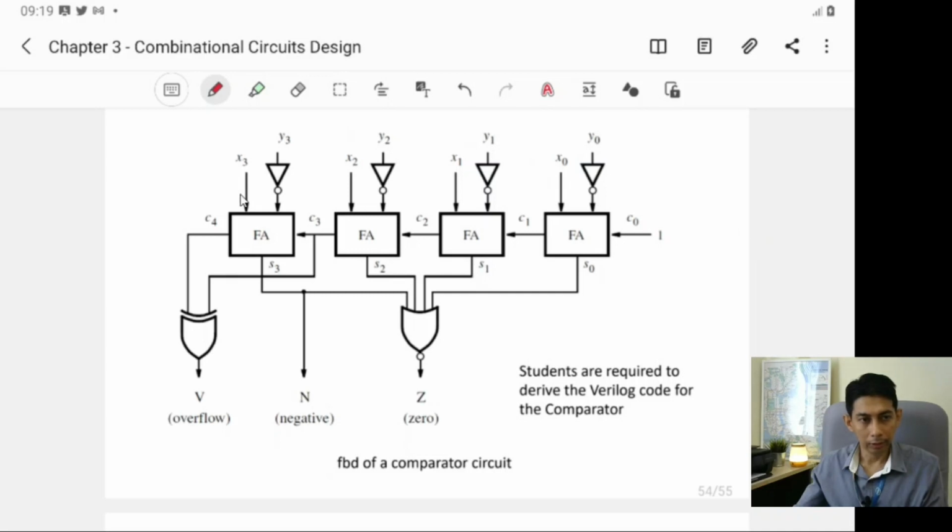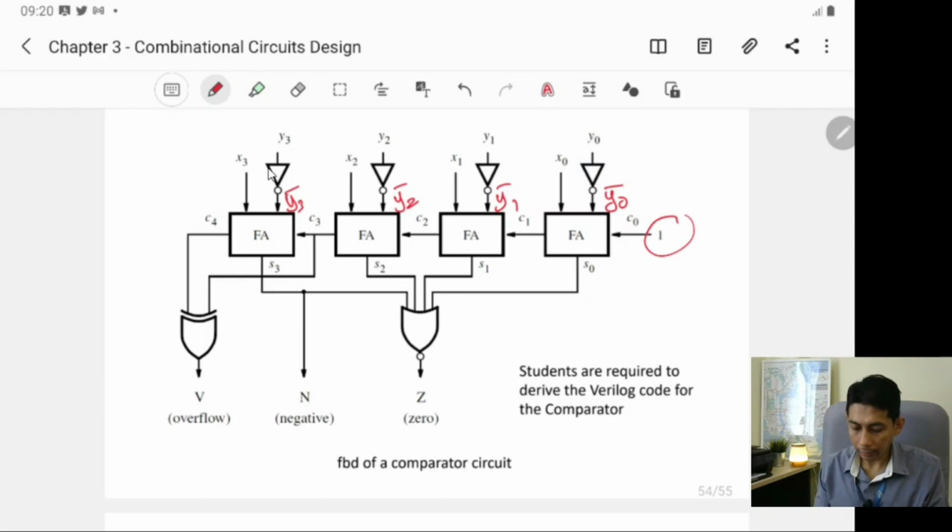Okay, look at this. So this is the full adder, 4-bit, and we have x. X is one of the inputs, and y. When we look at y, it is the complement here, because we have a NOT gate here. So what goes to y is y3 bar here, this one is y2 bar, or the complement of y2, y1 bar, and here is y0 bar.